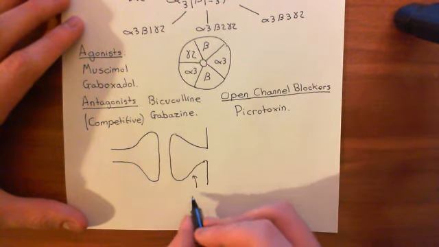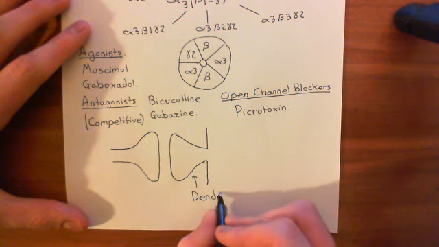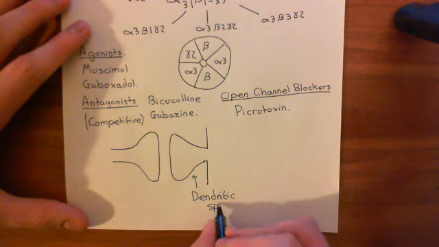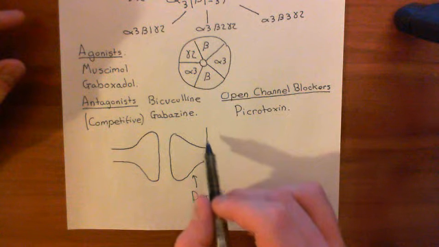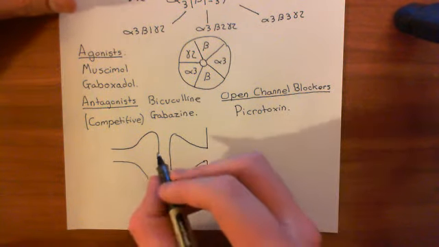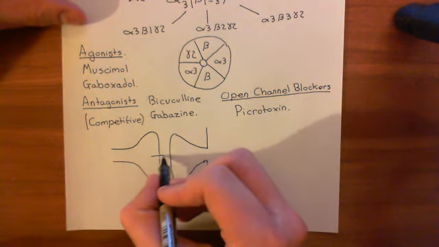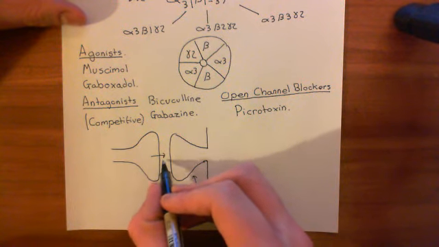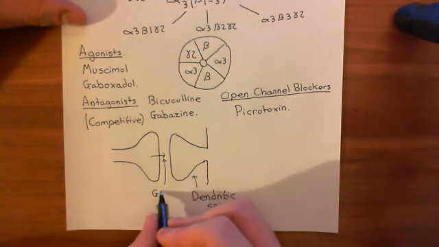So this is a dendritic spine, and the axon terminals of the presynaptic neuron synapse onto the dendritic spines rather than directly onto the dendrite membrane here. Let's say that this presynaptic cell is releasing GABA onto this dendritic spine. So it's an inhibitory synapse. This neurotransmitter in here is gamma-aminobutyric acid.